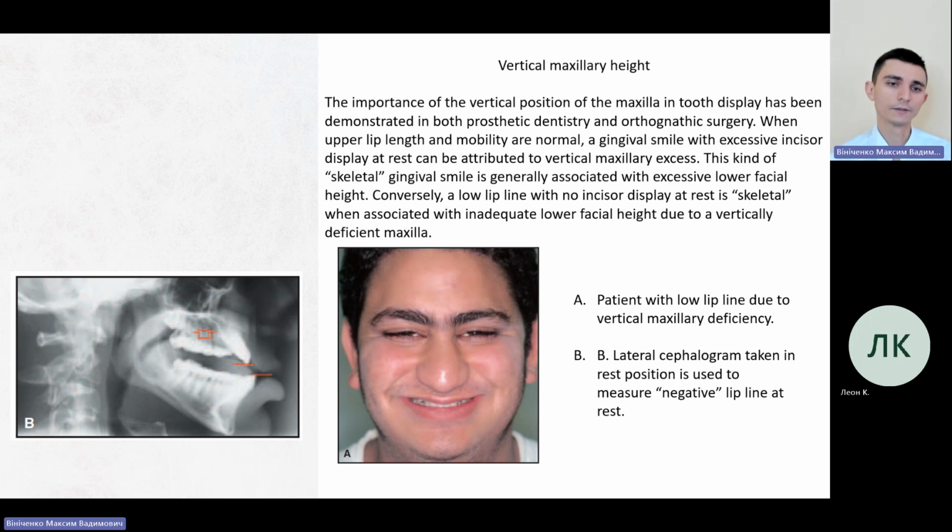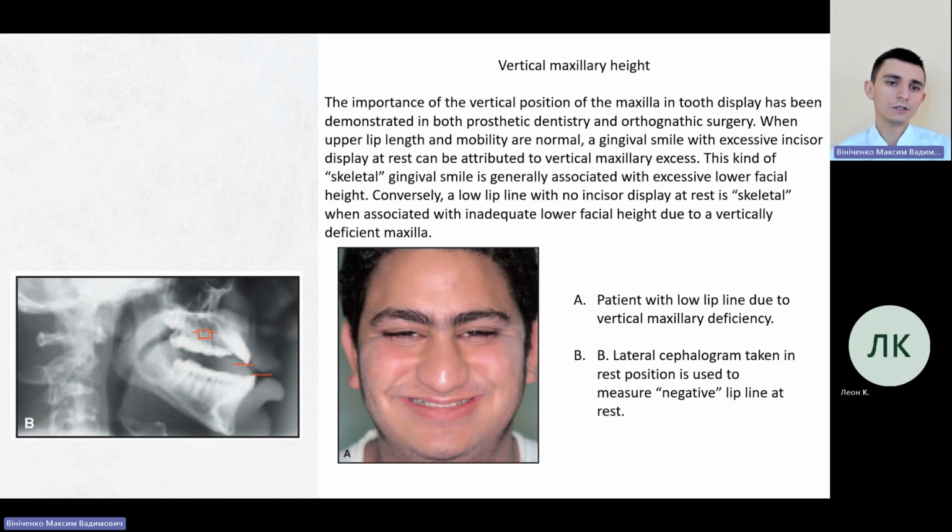Vertical maxillary height. The importance of the vertical position of the maxilla in display has been demonstrated in both prosthetic dentistry and orthognathic surgery. When upper lip length and mobility are normal, a gingival smile with excessive incisor display at rest can be attributed to vertical maxillary excess.